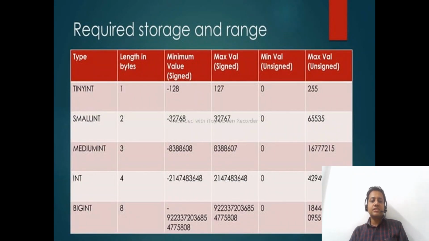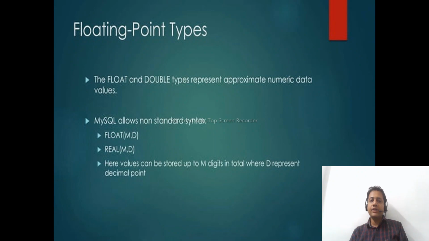Now let's discuss other types of data which are part of numeric. They are the float and double numeric data types. Float and double are basically for storing data with decimal points, or floating points. For float, here you can see there is float(M, D).